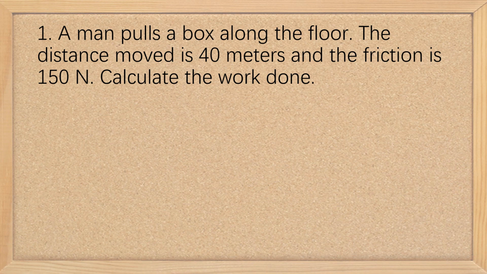So here is a box, and here is the floor. The distance that your box has moved is 40 meters, and the friction is 150 newtons. So the opposite force is 150 newtons. For you to move the object, your force should be at least more than 150 newtons.